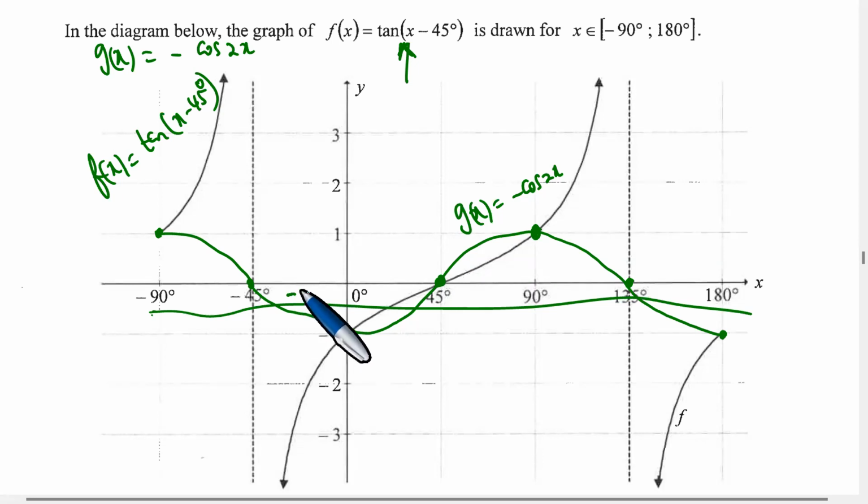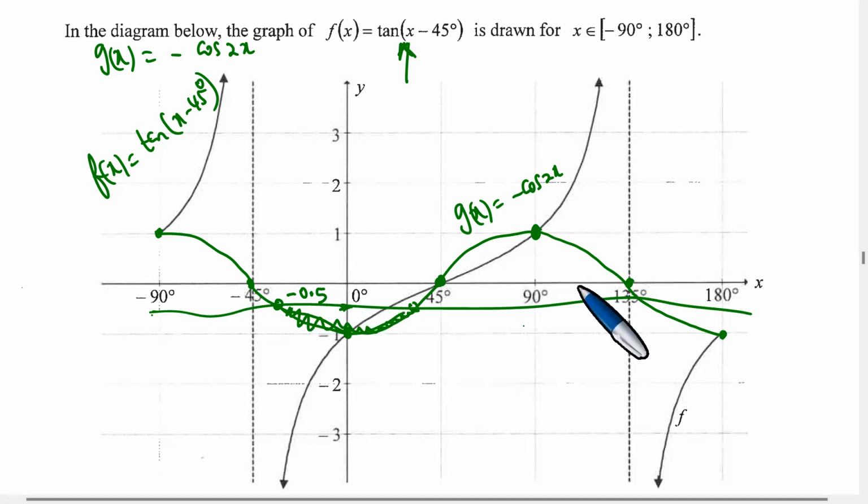This is minus 0.5. So if we're going less than that, you're saying we're less. When is that? So we are here, and we are going less than that. So we're here. Less than that, we're here.